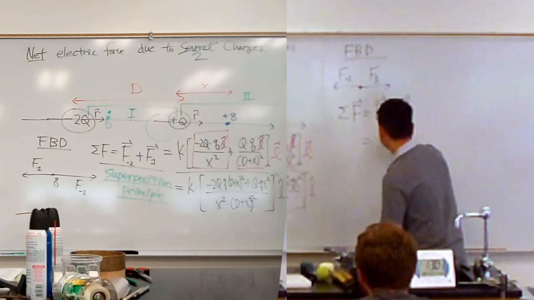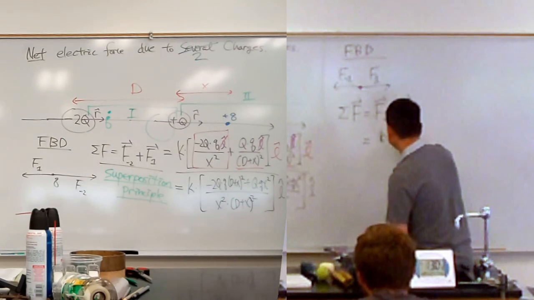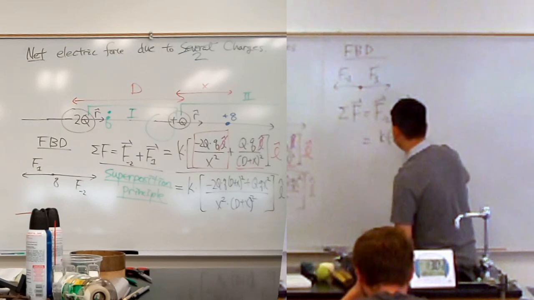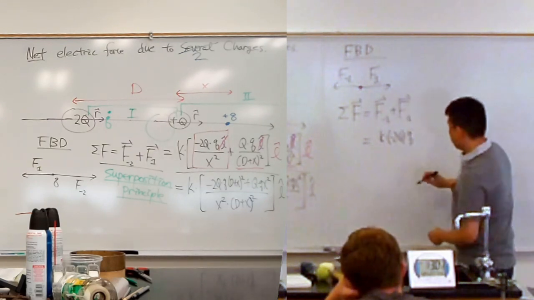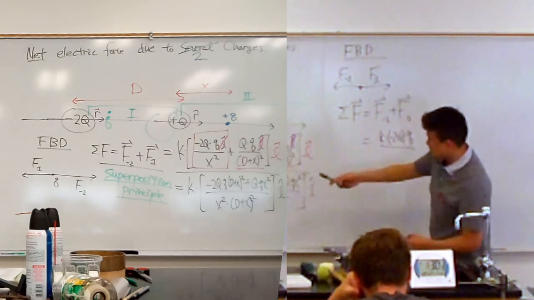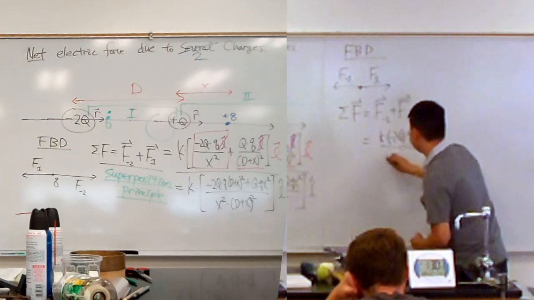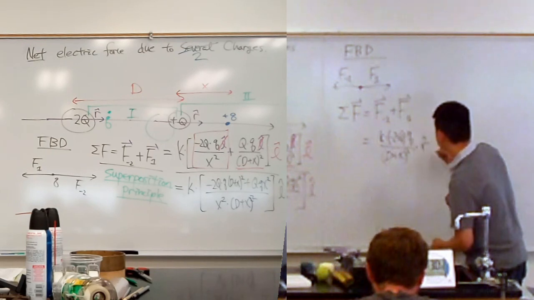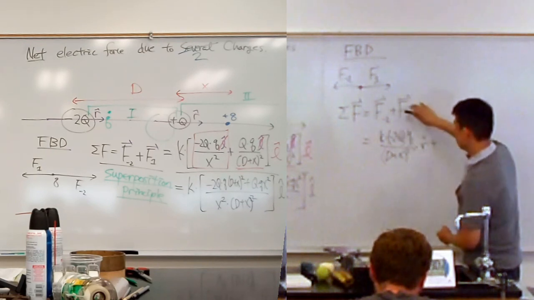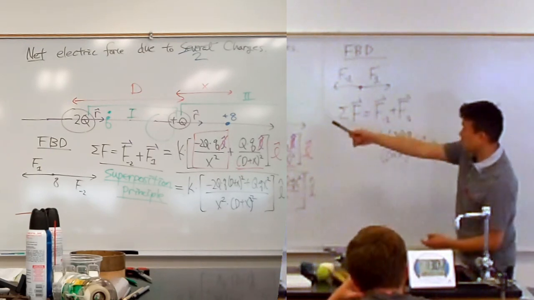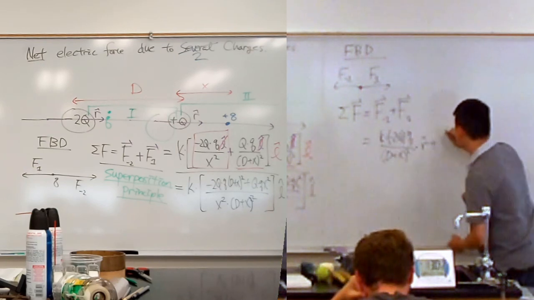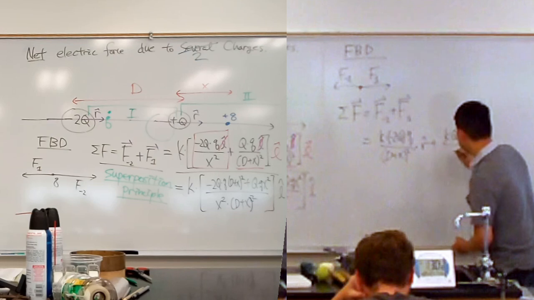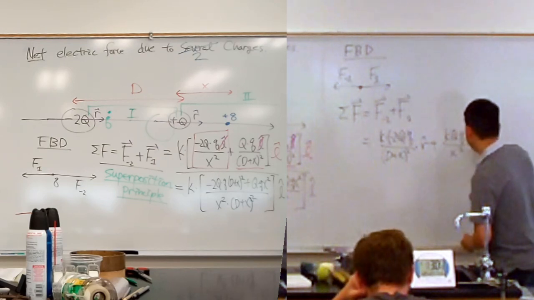So K times the charge minus 2Q times the small charge plus q, divided by the distance d plus x squared times the unit vector R hat, plus the second vector, K times positive Q times q divided by the distance x squared times R hat.